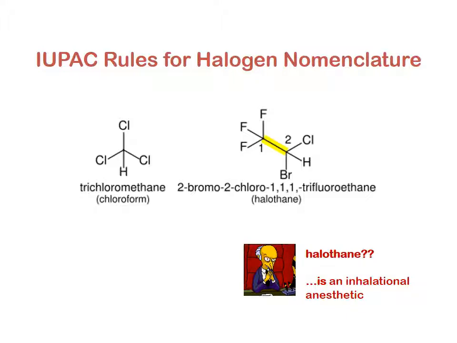So it's an alkane chain with a bunch of halogens on it. These 3 fluorines, and over here a chloride, a hydrogen, and a bromide, and this is halothane, which is an inhaled anesthetic. And then over here we have chloroform, which we don't use. Criminals do, at least in the movies.